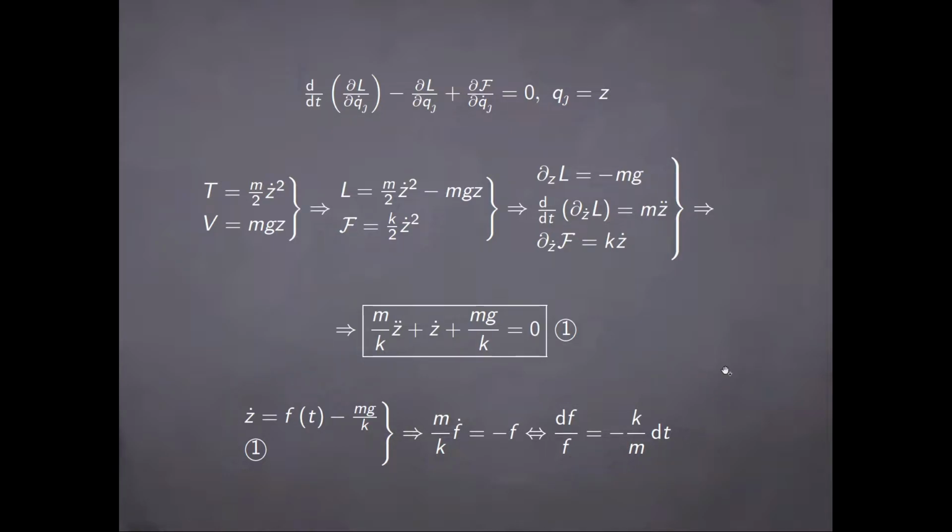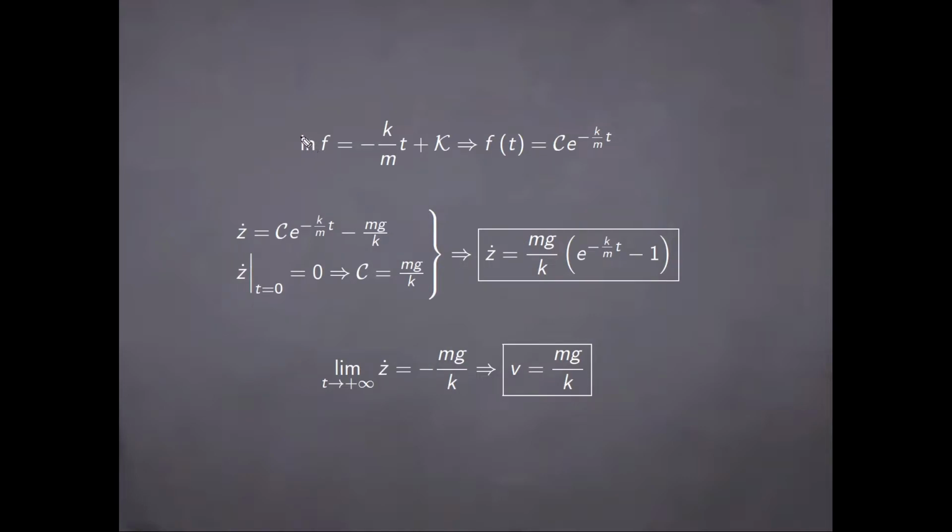So this can be integrated immediately, and the result up to some integration constant is the one here. So the natural logarithm of f is minus k over m times t plus this constant. So the function itself will be some constant c times an exponential of argument minus k over m multiplying time.